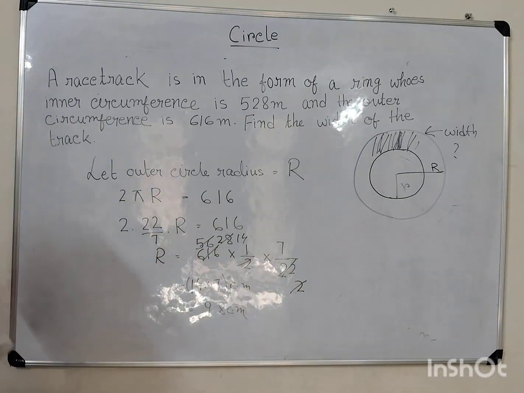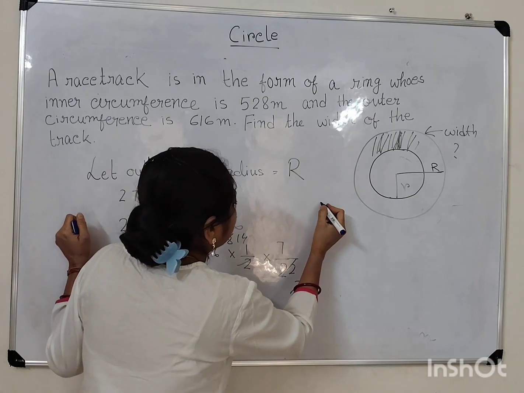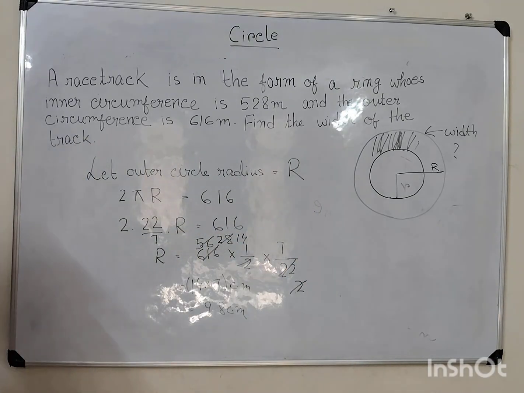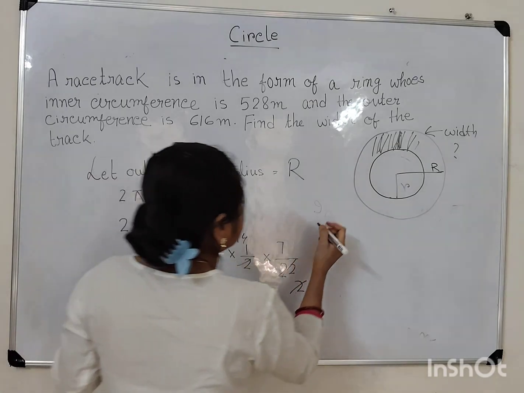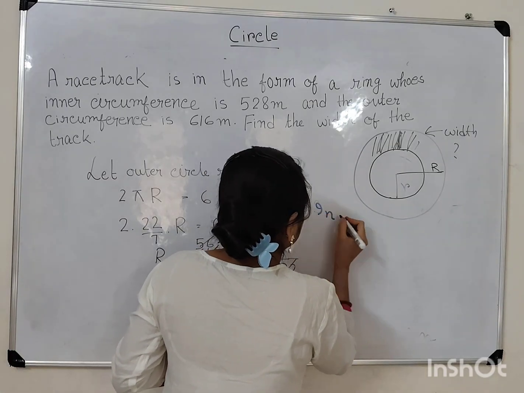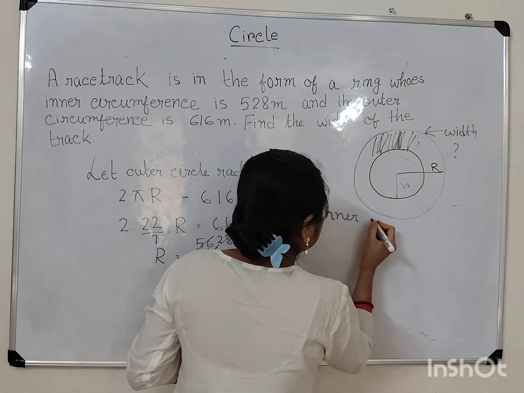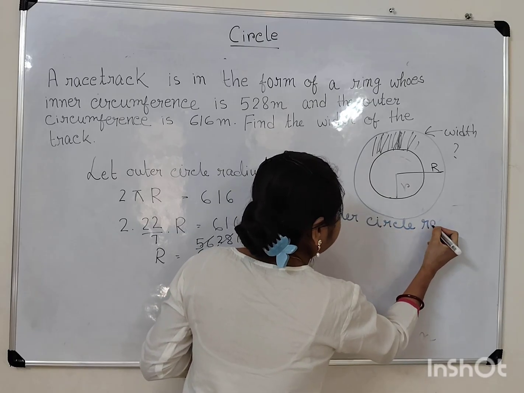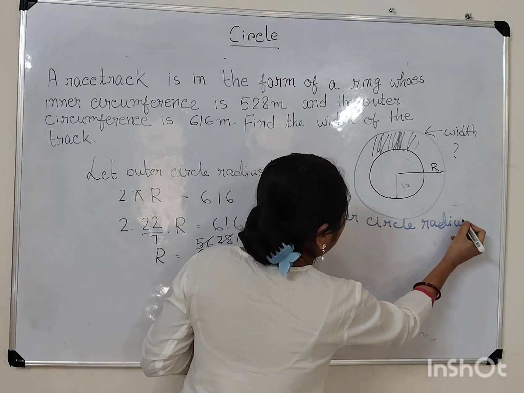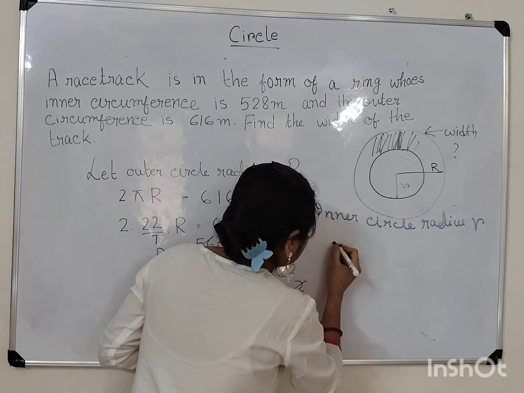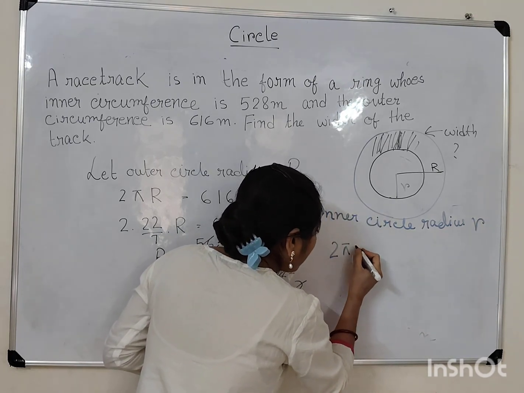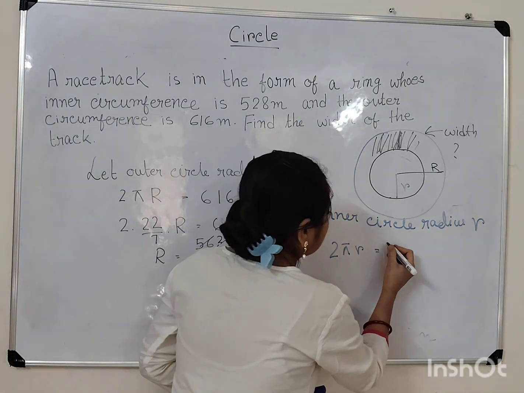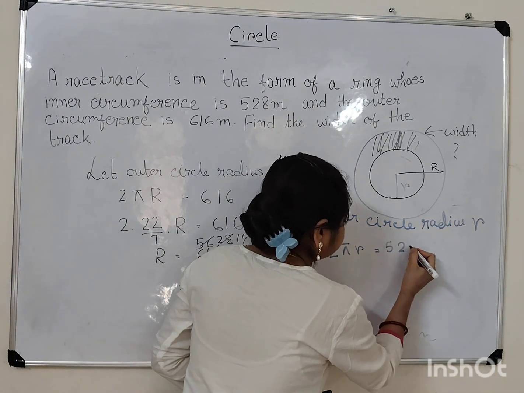Okay. Now I find out the inner circle radius, like a smaller r. So 2 pi smaller r equal to what's the value? It is 528.